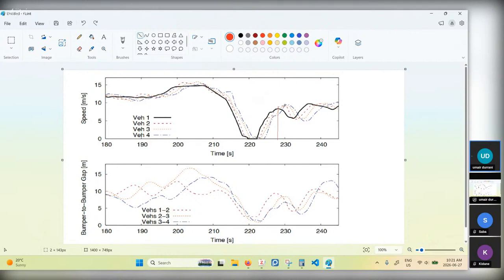Let's take this again. Third one is here. And let me draw that one again.